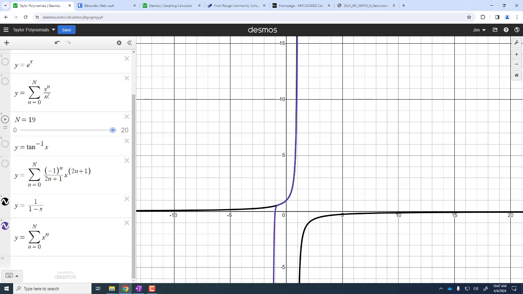But what's really mysterious is that you would think that we would be able to build polynomials that would start matching out here. But there's some inherent quality to the Taylor polynomial that picks up the fact that there's an asymptote 1 unit away, which will not allow convergence beyond 1 unit in the opposite direction.